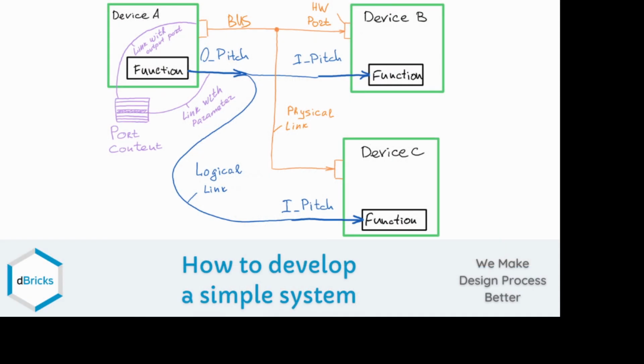We have now defined the parameters for the information exchange, their relation between the devices, the so-called logical link, and we have assigned this logical link to the physical bus, the so-called physical link.